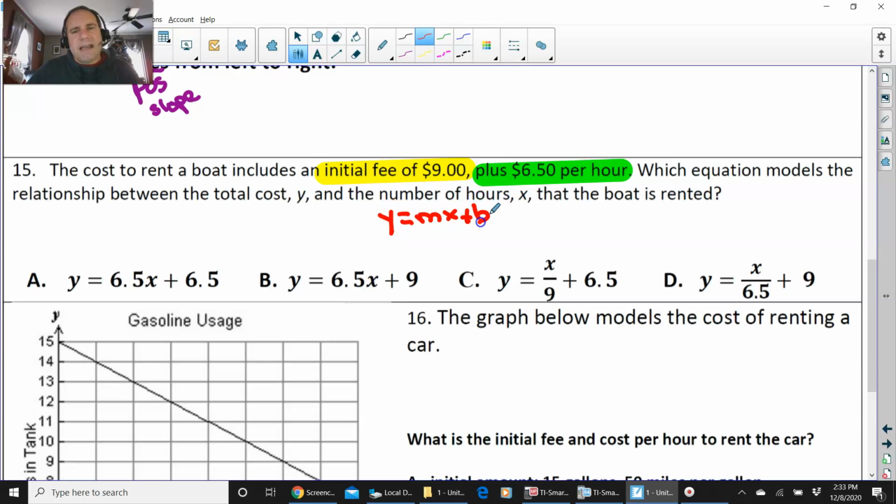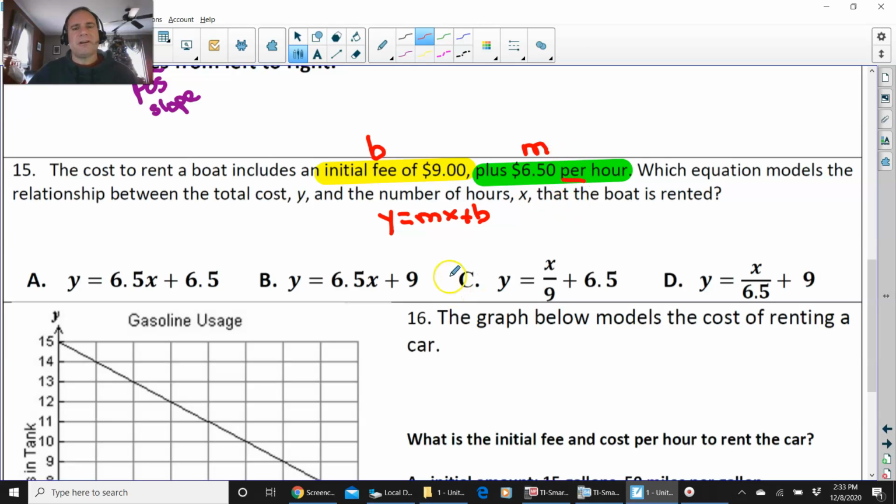The number that is happening over and over and over again, that is your rate. That's the number that is going to get charged over and over again, not the one that you're going to pay only once. So the initial fee is the b, and this is the slope.